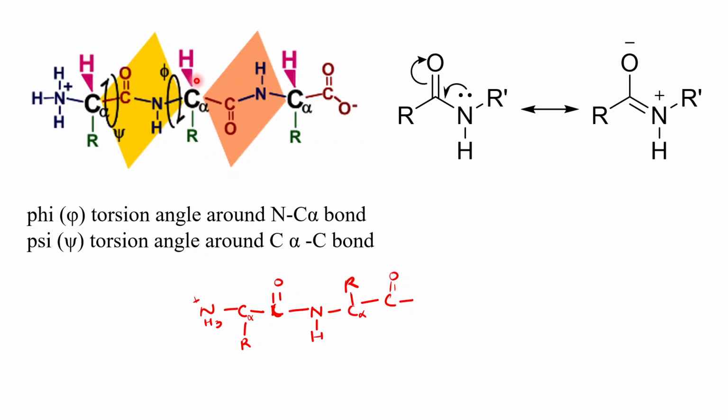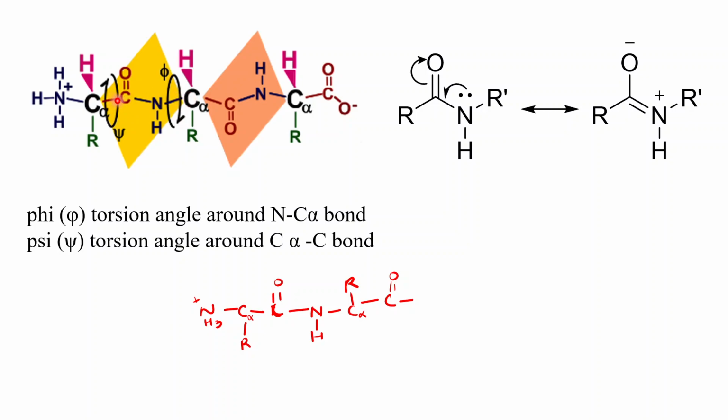If you see, they are forming another plane. So this plane and this plane are forming a bond angle, and this plane is rotating with respect to the second plane.